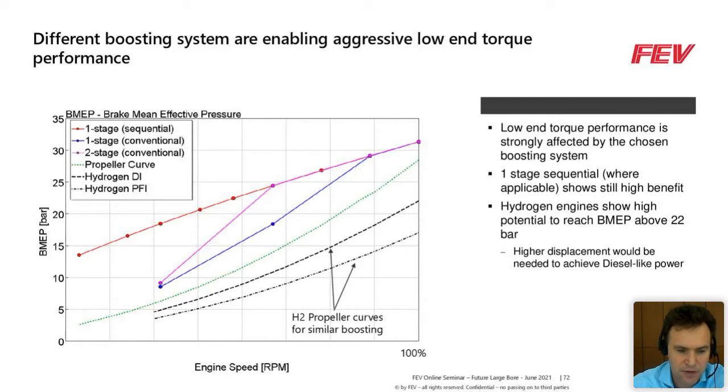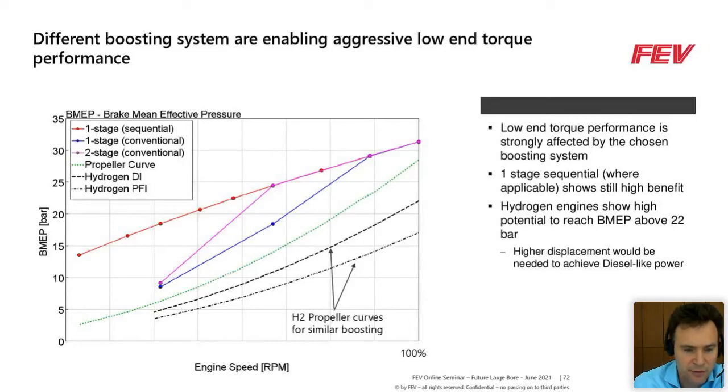And here we also see, in the green line in the middle, the propeller curve that we can realize. So that at the end, with the small torque reserve, also in the last point we can achieve maybe even 110% load power. So we see that, of course, the torque reserve increasingly depends on the complexity of the turbocharging system.